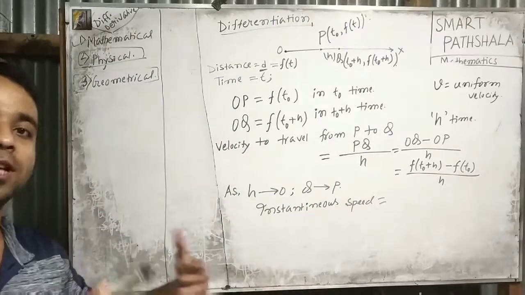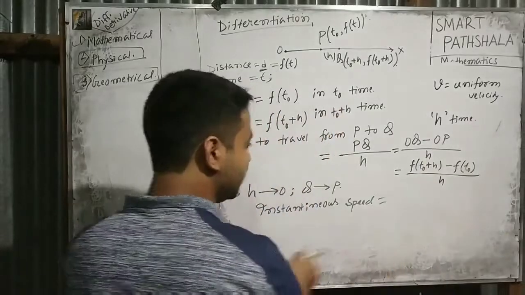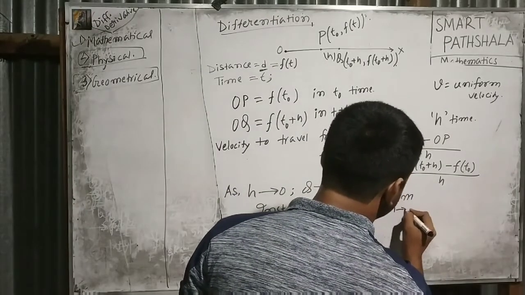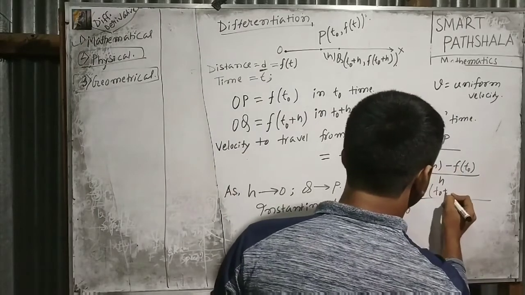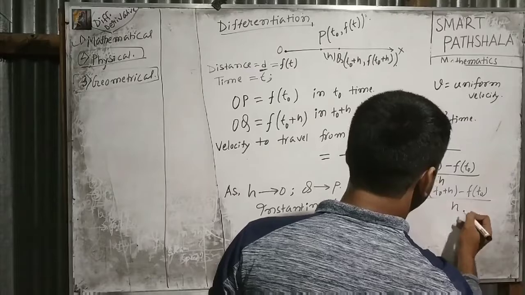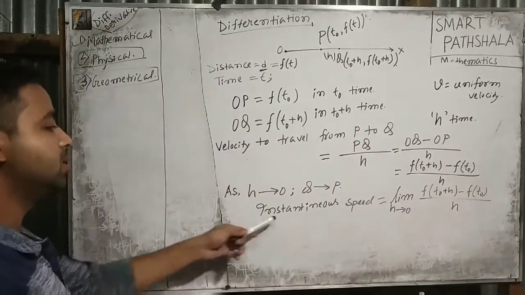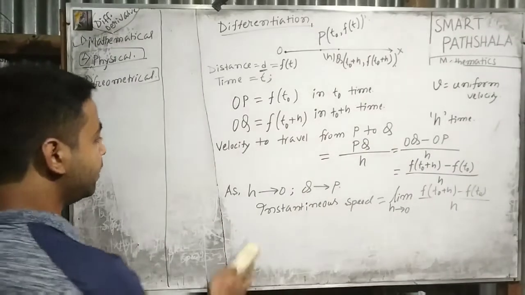Now again I come to tending towards 0, so that means I have to calculate this velocity using a limit as h tends towards 0 of f of t0 plus h minus f of t0, by h. Right? This is the instantaneous speed we have to calculate.